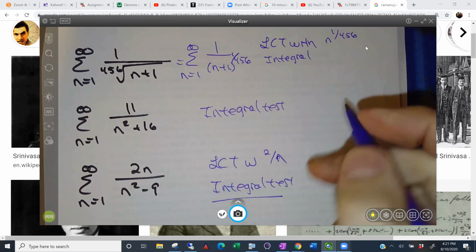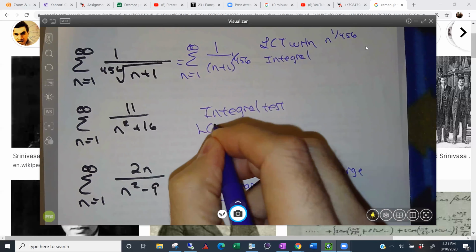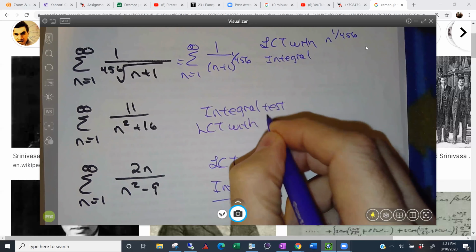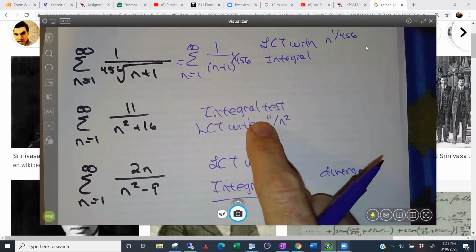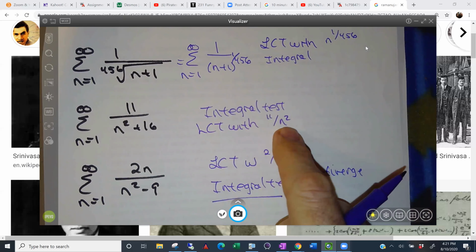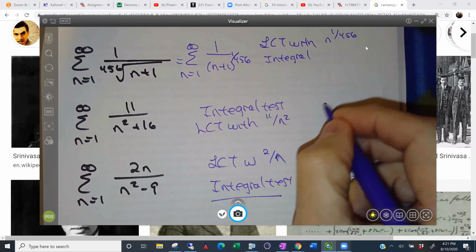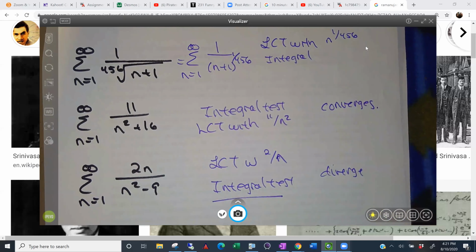It's not quite a p-series, but you can use the limit comparison test with a p-series with, say, 11 over n squared. That's a convergent p-series, or 11 times a convergent p-series. And if you did the limit comparison test, I'm sure you'd find that that one converges.